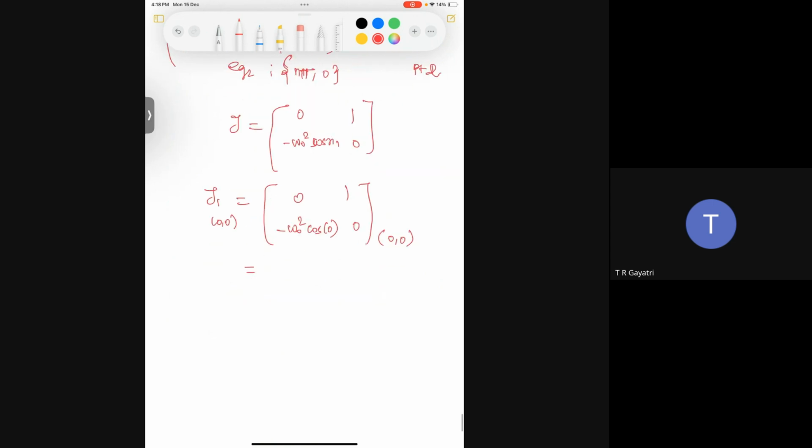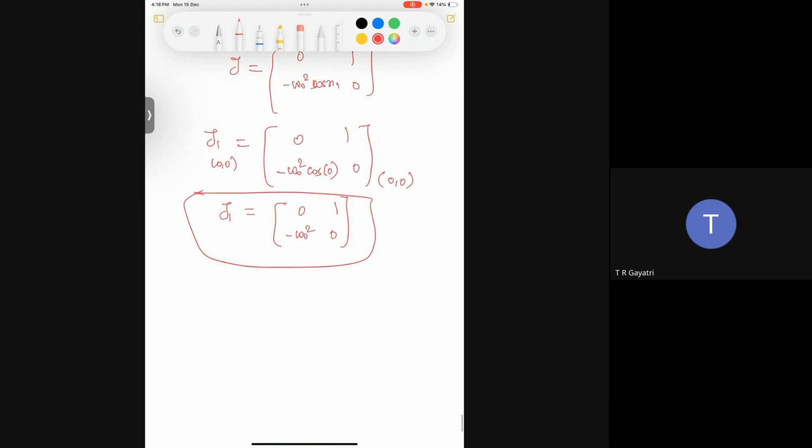Cos 0 is 1, so 0, 1, minus omega naught square, 0. So this is your first local linearized system. The second should be evaluated at n pi, 0: 0, 1, minus omega square cos of n pi, 0.